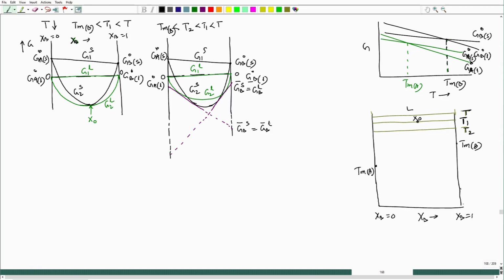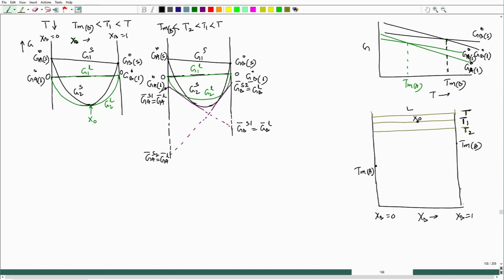In order to differentiate these two solids, the left side one is S1 and this one we can put S2, and here GA bar of S2 equal to GA bar of liquid, and at this point GA bar of solid S1 equal to GA bar of liquid. Okay.